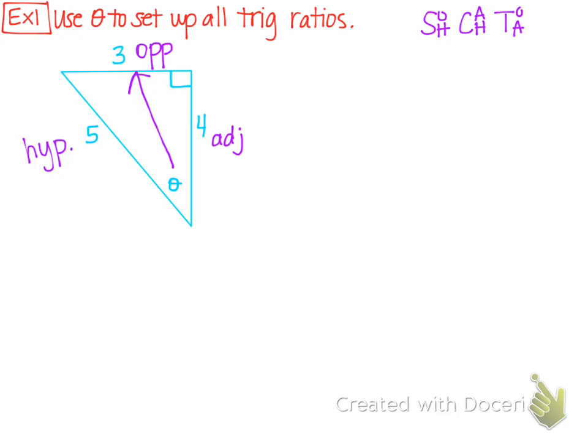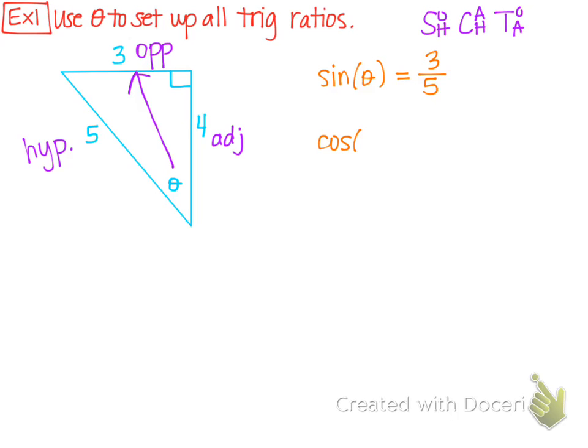Now we're not given the angle, so we're just going to write sine of theta, because remember these are a function, and theta is like our x here. That's our unknown. So sine is opposite over hypotenuse. Opposite is 3 and hypotenuse is 5, so this ratio is 3 over 5 because that's our opposite and that's our hypotenuse. There we go, pretty simple.